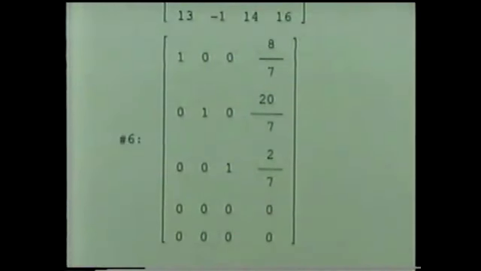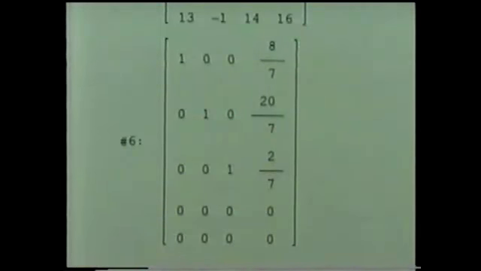Well, your non-zero rows will form a basis for the row space. So the non-zero rows form a basis for the row space of A transpose.